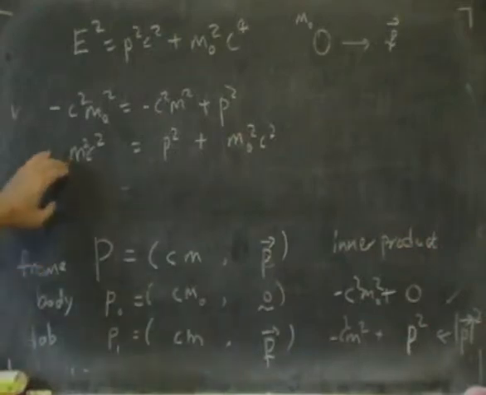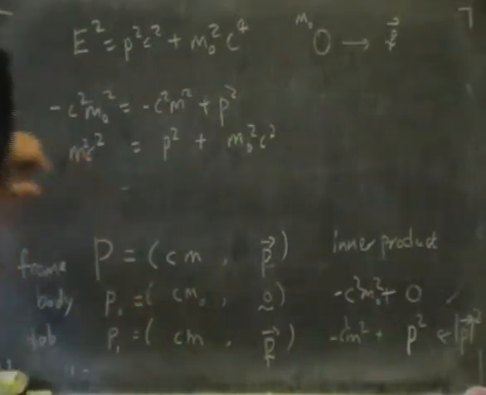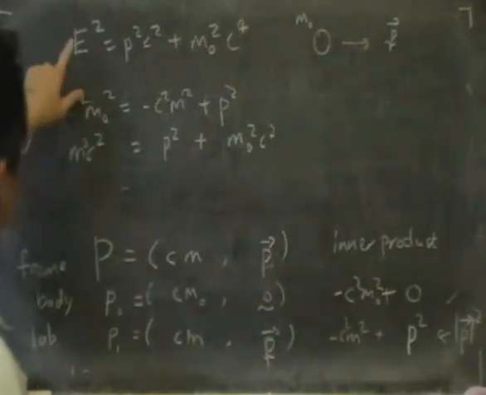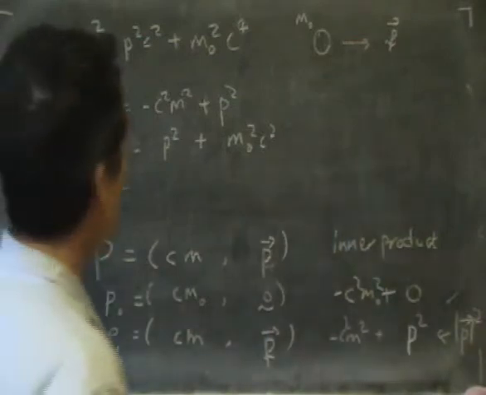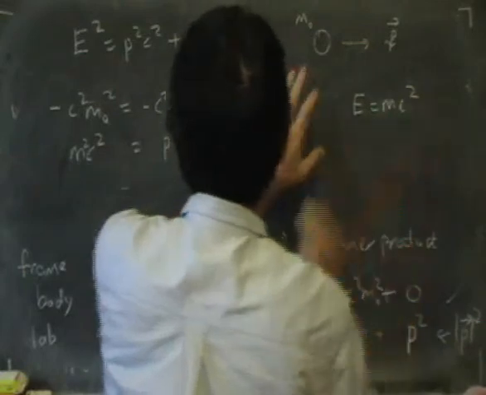Now if you compare this with this, you see that we're getting there. Now the thing to do next is to relate the m squared c squared to the E. The relation is E equals mc squared.